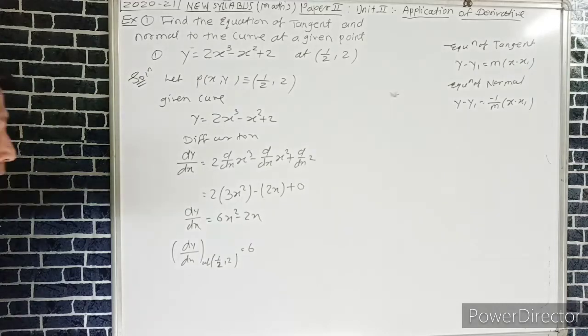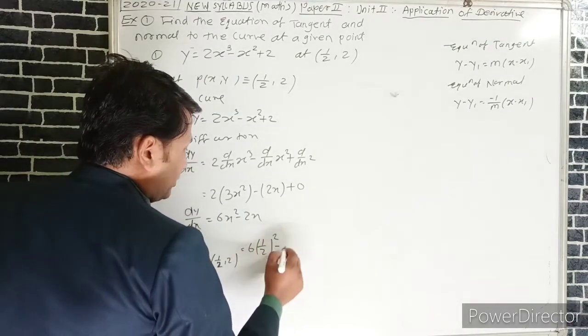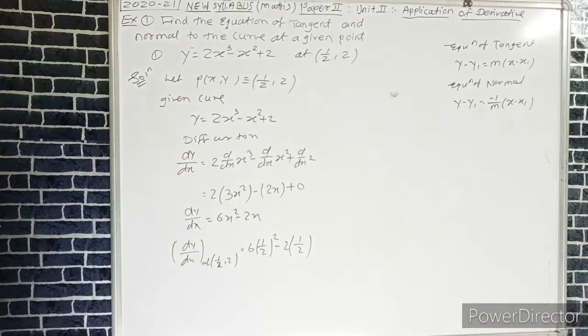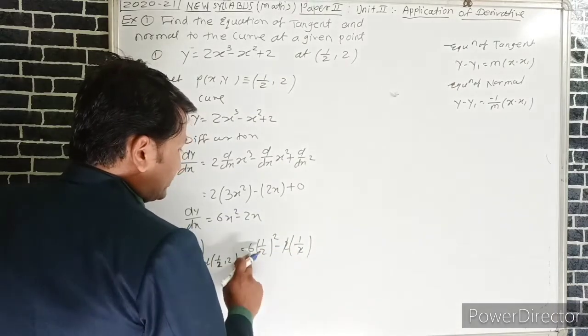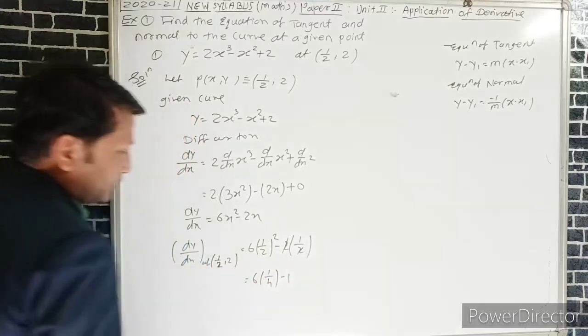Here y is not available. The value of x is 1 by 2, so 6 into (1 by 2) whole square minus 2 into 1 by 2. Here 2 gets cancelled. We can write 6 into 1 by 4 minus 1.